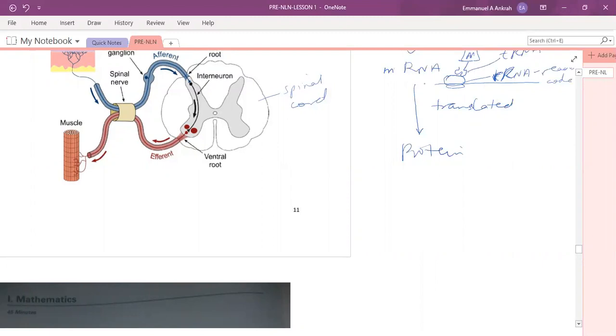It's only found in animals. So look for the answer with animal in it, which is C, skin of a mouse. That's where you find it. Okay, good so far.